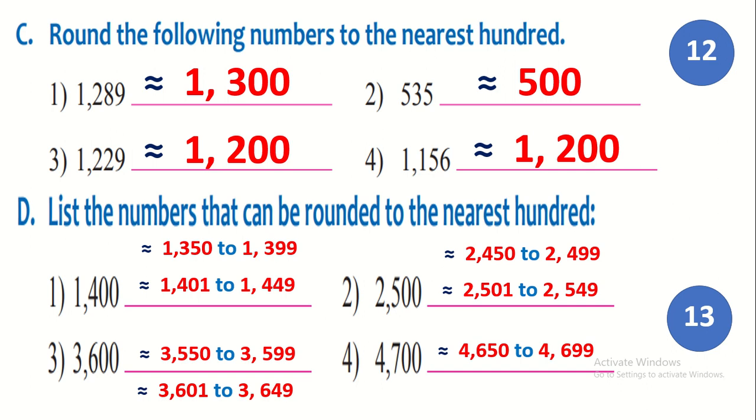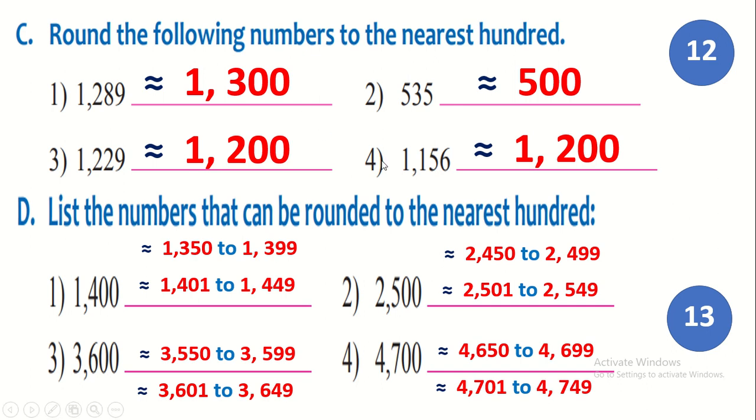And 4,701 to 4,749 can be rounded to the nearest hundred. Correct, students? Let us check your answer.